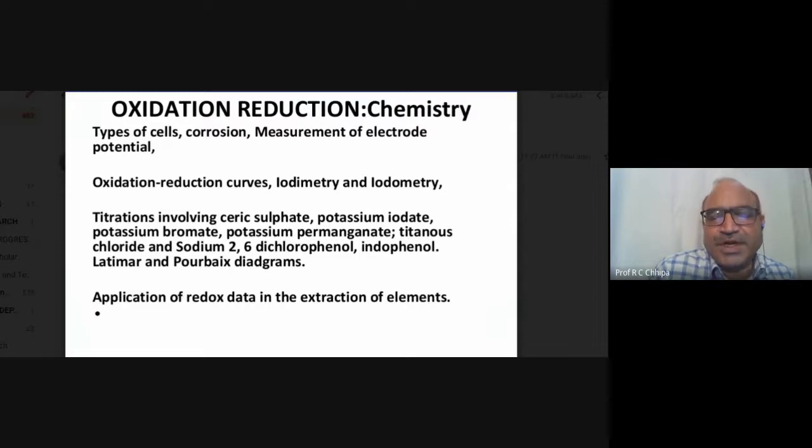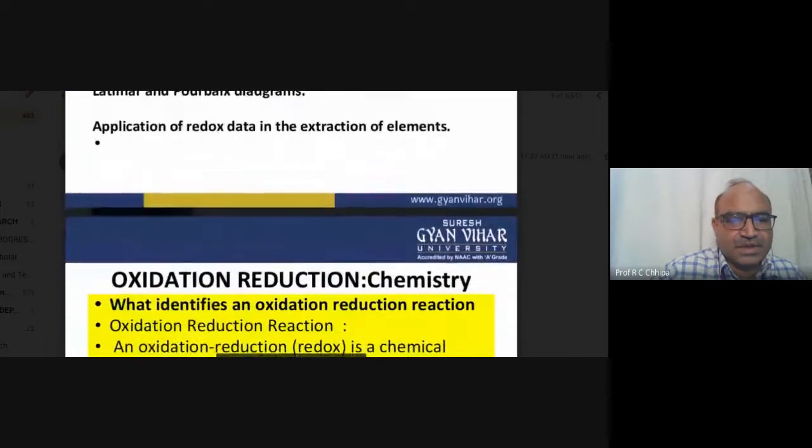Hematite is one example of such a mineral, and it can be converted. Let's see what changes there may be.